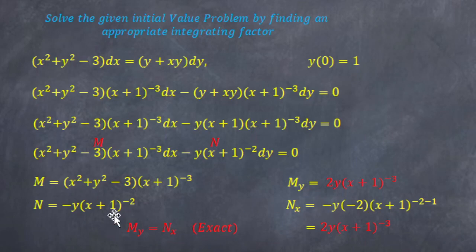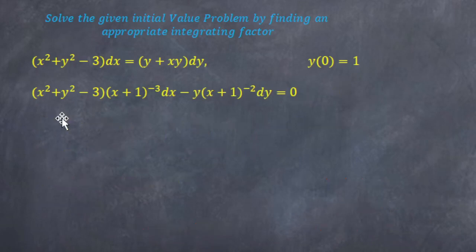That's why we can conclude that we already made this differential equation exact after multiplying the integrating factor to our equation. Now, after finding out that our differential equation is exact, we then find a solution to it. To find the solution f of x, y, we'll go back to the form M dx plus N dy is equal to 0.